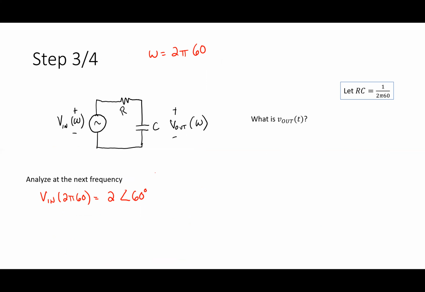It's sinusoidal. So what am I going to do here? Well, I know that V out of 2 pi 60 is equal to H of 2 pi 60 times V in at 2 pi 60. And this is going to be some complex result that represents a sine wave, the Fourier transform of some sine wave.